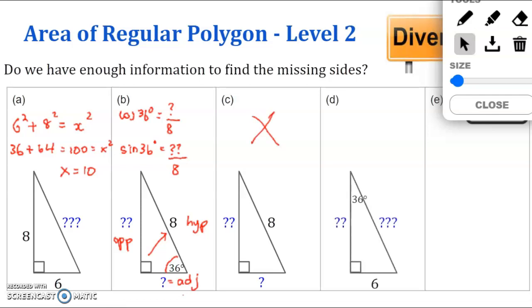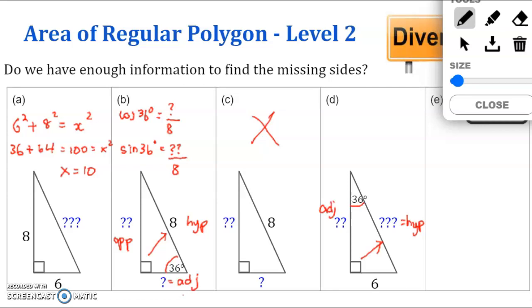What about D? If you're given one of the leg lengths and we're trying to figure out the hypotenuse length and another leg, what trig function would we use? Well, this length is the hypotenuse because it's opposite from the right angle, right? And this is right next to the angle measure that we're given, so that's going to be adjacent.